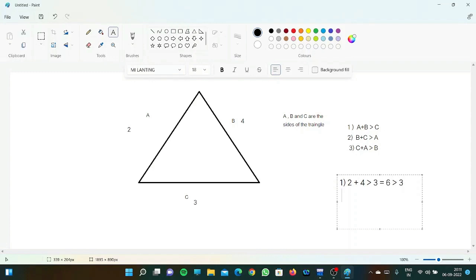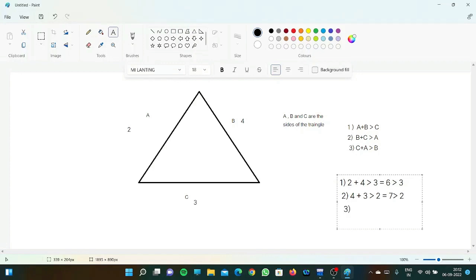That means first condition is satisfied. Now coming to the second condition, we have side B as 4, we have side C as 3, which is greater than A. Is it? Yes, because 7 is greater than 2. This condition is also satisfied.